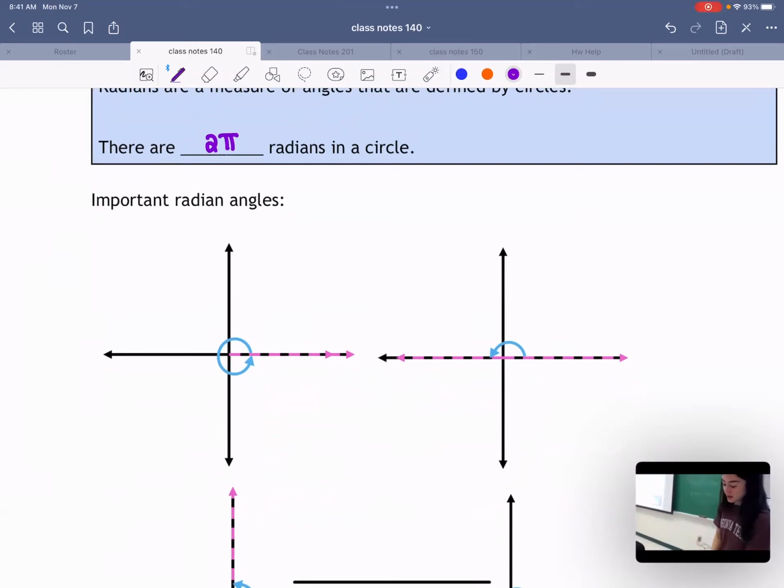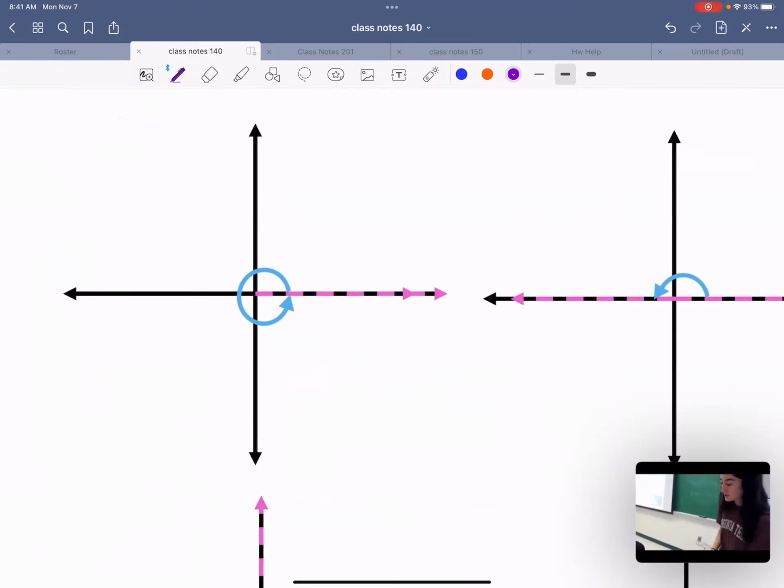All right, so our first angle is an angle that doesn't actually go anywhere, right? We said that was 0 or 360 degrees. In radians, we're going to say it's 0 radians. Usually, in terms of notation, I'll say 0 rad or just 0. And instead of 360, we know that it's 2 pi.